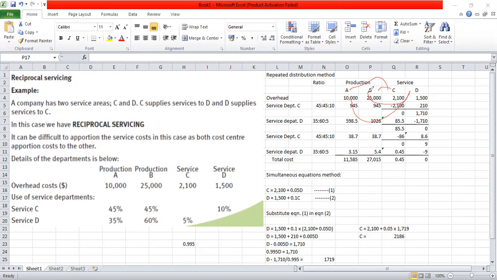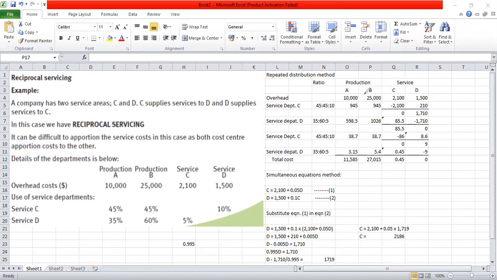They would be providing services to other service departments also. So if there is a power department, power will be provided to other service departments also. Canteen will provide canteen services to other service departments also. So it is not exclusively to the production departments that they are rendering services.